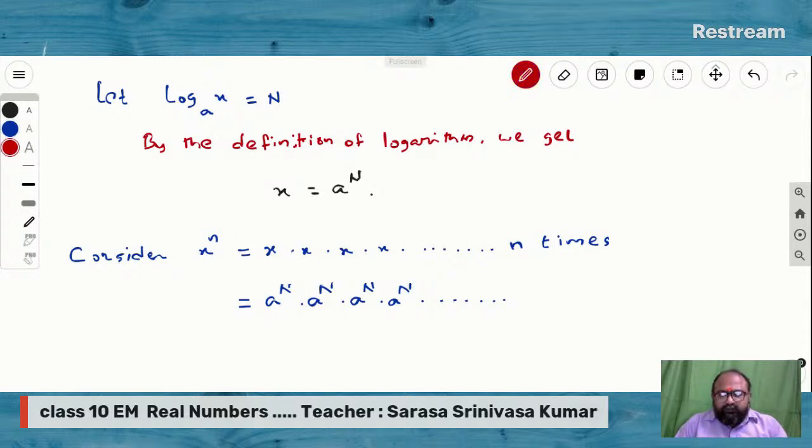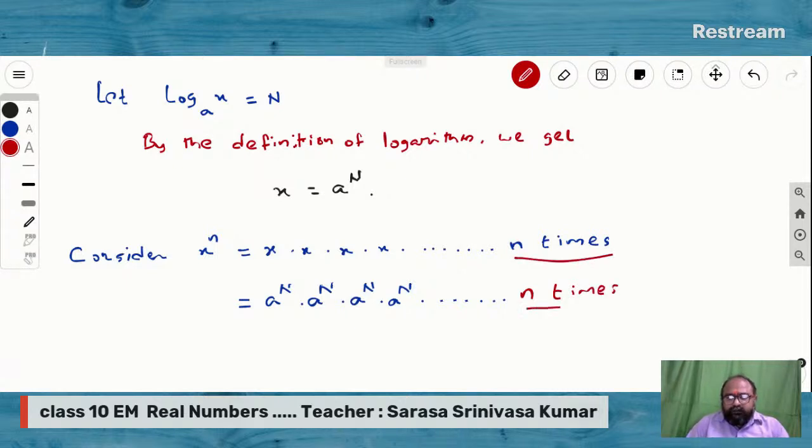So this is equal to a power n plus n plus n plus and so on, n times.